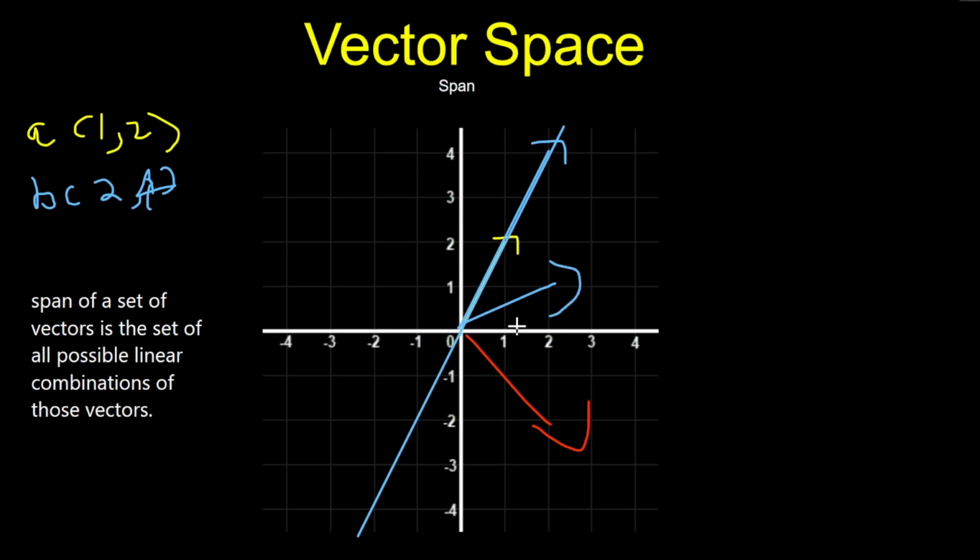In this case we cannot. So the span is not the set of all 2D vectors here. The span of these vectors in this case is just the line, so we can only represent the vectors on this line using linear combination.